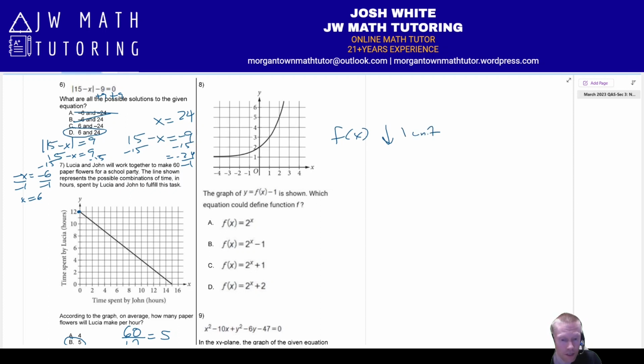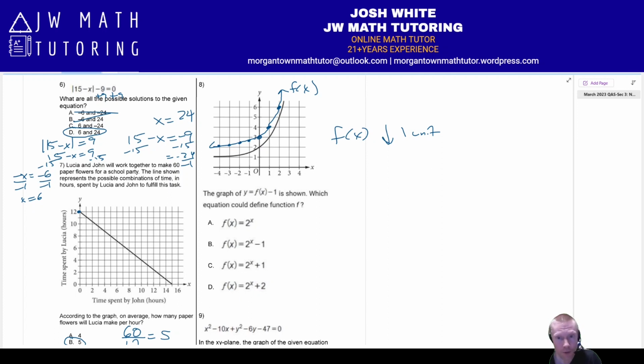So in other words, the actual graph of f of x will be up 1 unit from everything that we see on the screen here. So if I were to draw a bunch of points all 1 unit above the corresponding x value, this is the actual graph of f of x right here.